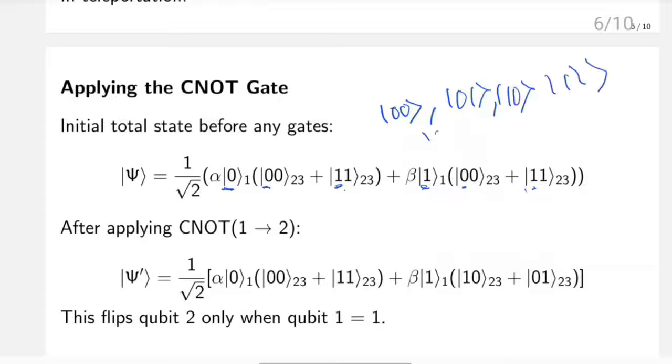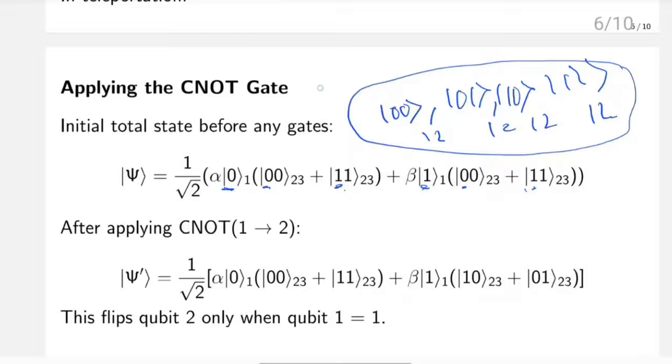These are nothing but 1 by 2, 1 by 2, 1 by 2, 1 by 2. The third one remains constant, but I have just taken the common 1 by 2 of the three terms. So now these are nothing but the first and second qubit. Now apply the CNOT gate for all those qubits.